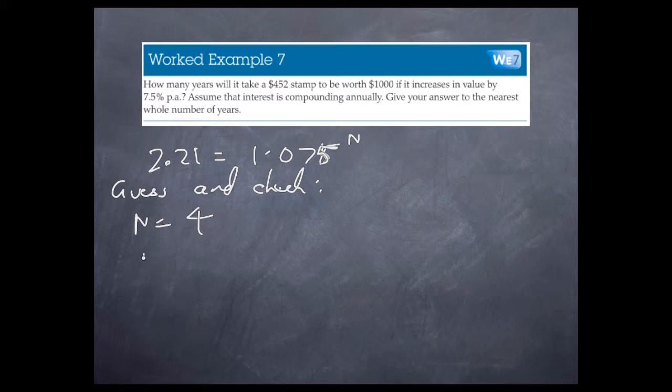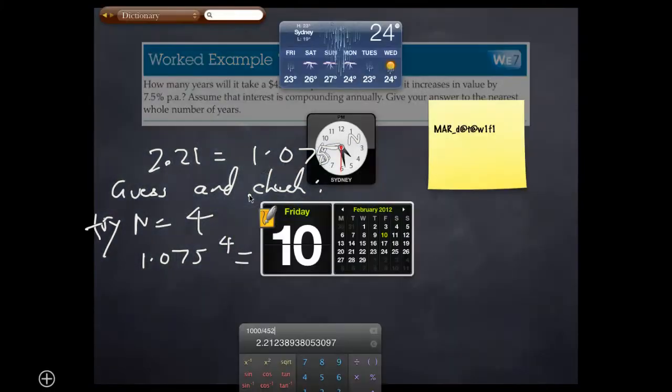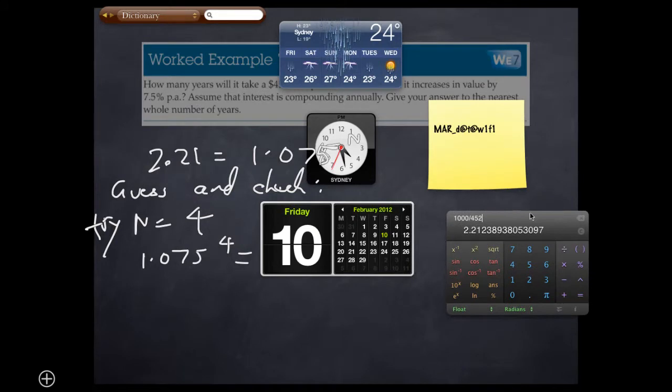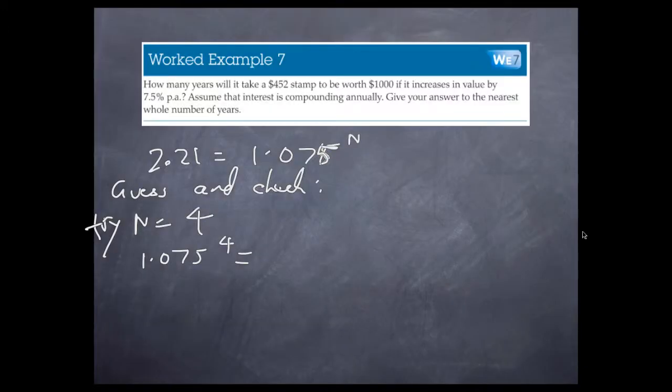So let's give it a try. Try n equal to 4. So we have 1.075 to the power of 4, and we get 1.335, which is not equal to 2.21.